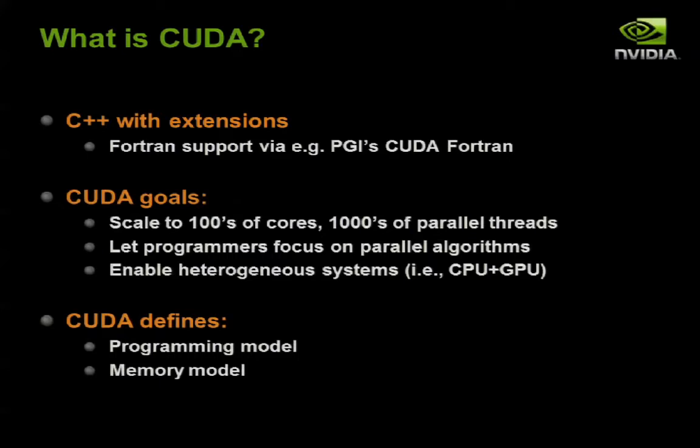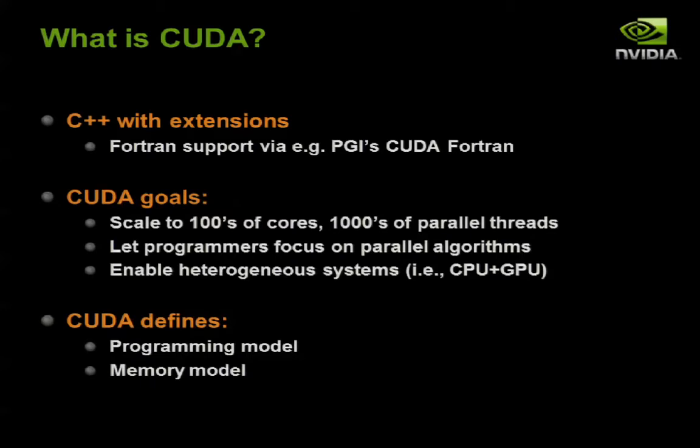CUDA itself is C++ with some extensions. I know that about 50% of the people here are native Fortran speakers. Fortran support at the moment is only via a mixed language approach, or alternatively with the PGI compiler, which has its own CUDA Fortran standard.